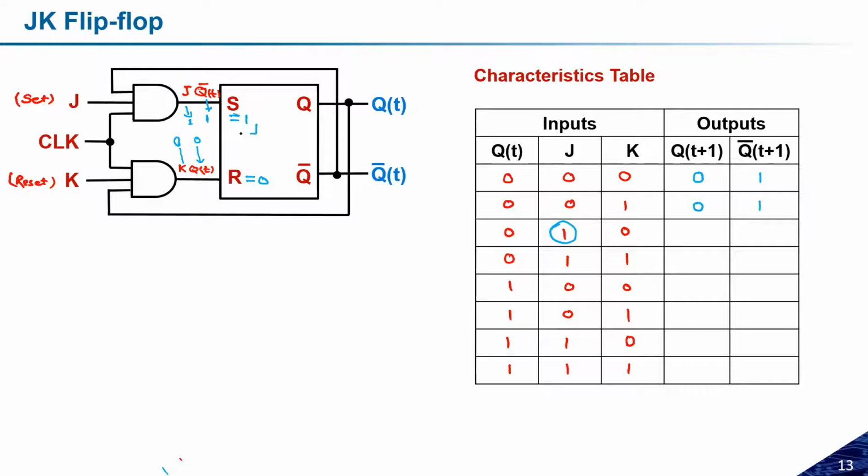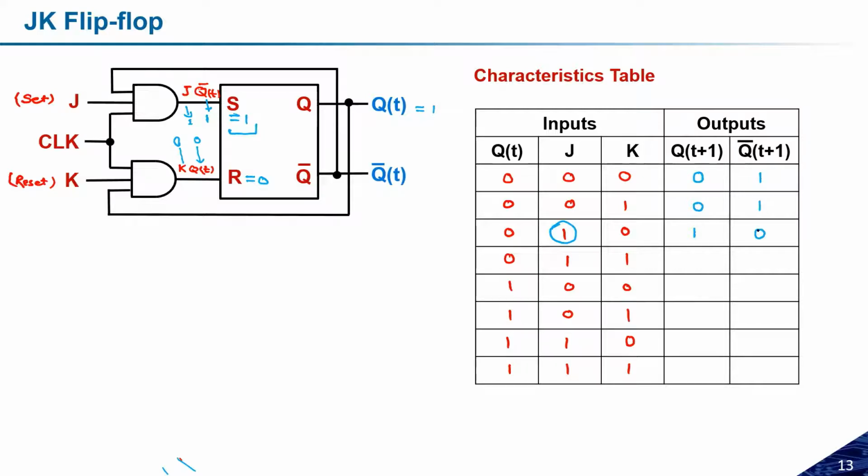If set becomes logic 1, the output is going to be logic 1, because set is at logic high. We know that if set is equal to 1, then qt is 1. So we will get qt plus 1, the next state, as 1, and the qt complement will be 0. So 1 and 0, something like that.